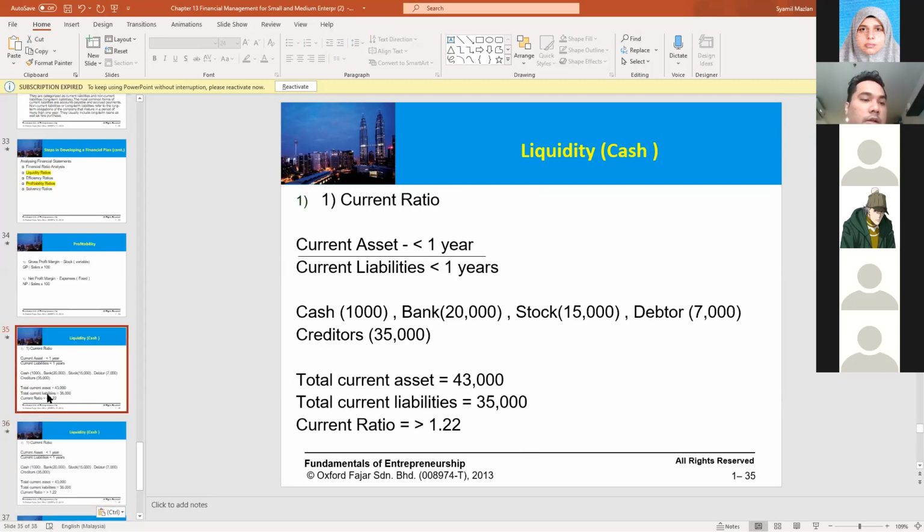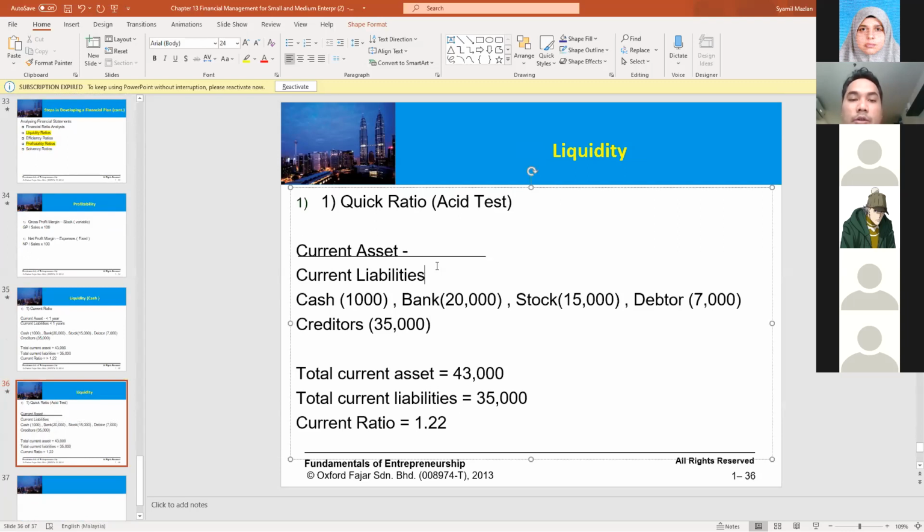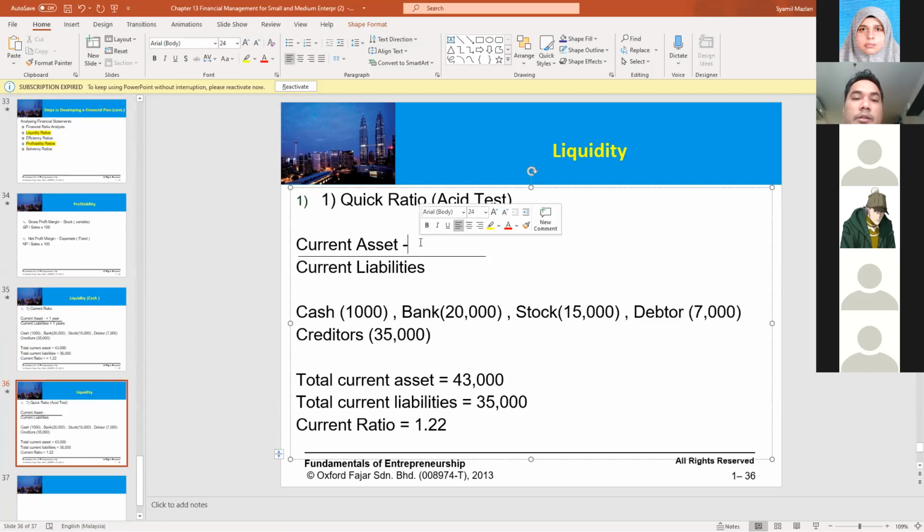The quick ratio is very simple. The current asset is the item that is less than 1 year, same as the current liabilities. But for the quick ratio, the current asset is minus the stock.